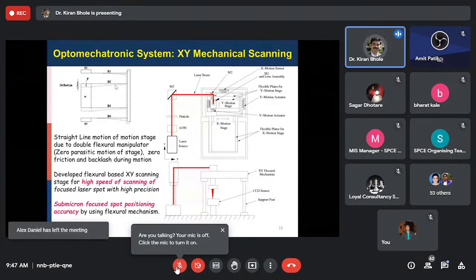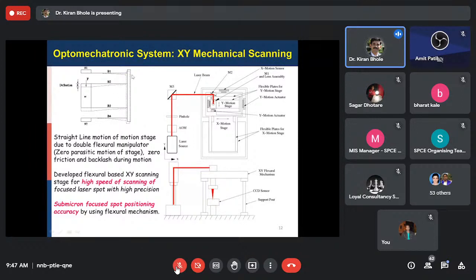These are four linkages, B1, B2, B3, B4, and all four linkages are connected rigidly to a rigid body, the acrylic body, on the right hand side, and are firmly fixed.